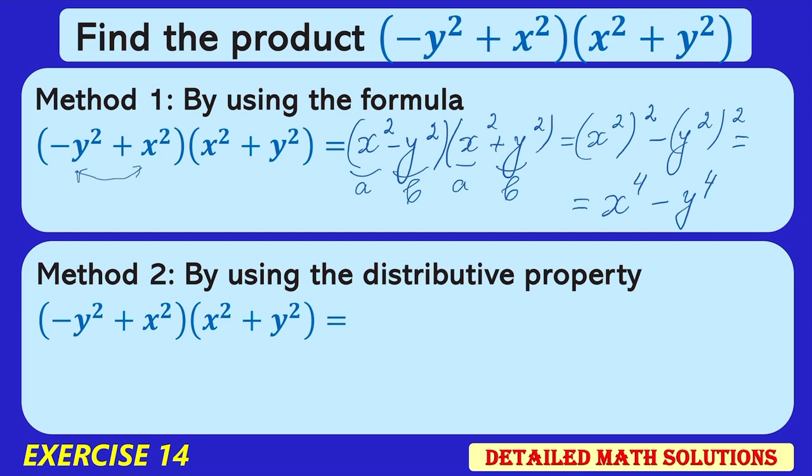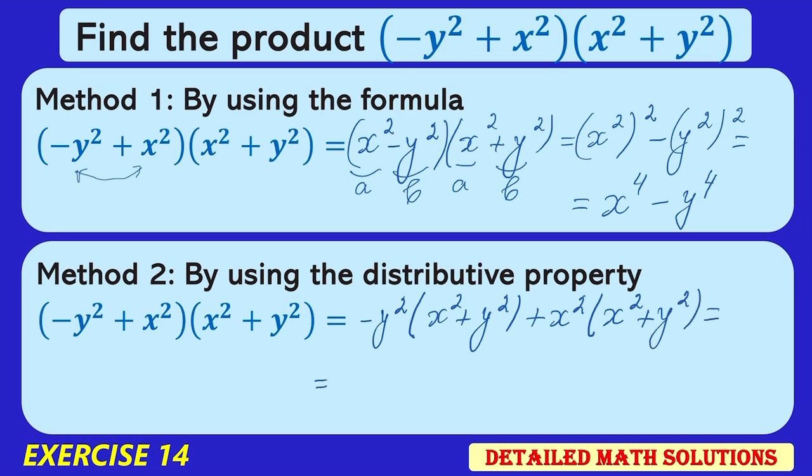When I use the distributive property, I have minus y squared multiplied by x squared plus y squared plus x squared multiplied by x squared plus y squared. When I open parentheses, I get minus y squared x squared minus y squared multiplied by y squared plus x squared multiplied by x squared plus x squared y squared.